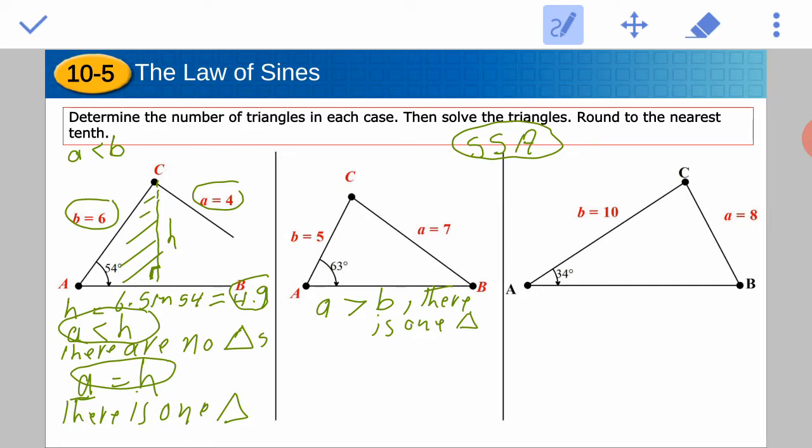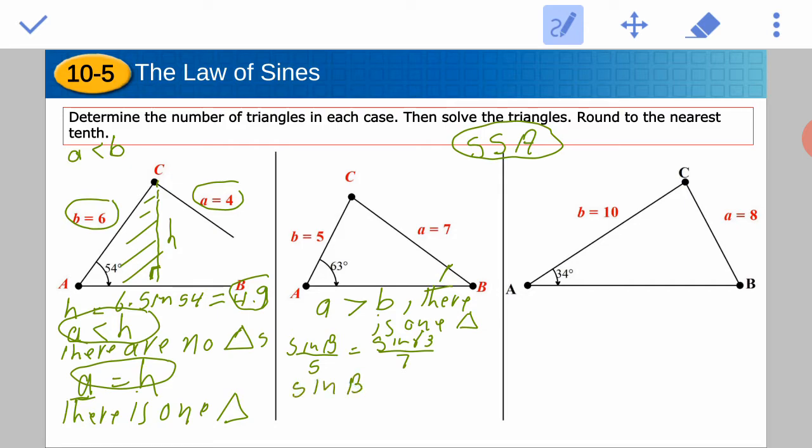Angle B is unknown, so we can start with this unknown. Sine angle B over the opposite side 5 is equal to sine angle A, or sine 63, over the opposite side 7. You do the cross multiply and you get sine angle B. Sine angle B is going to be 0.6.